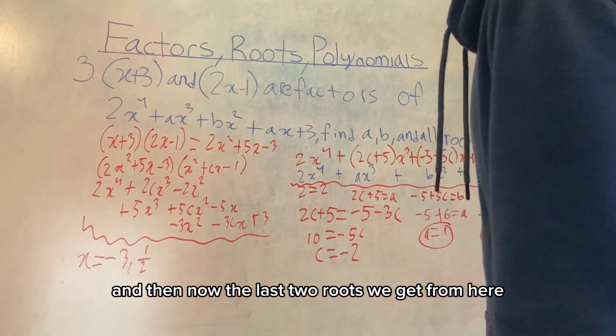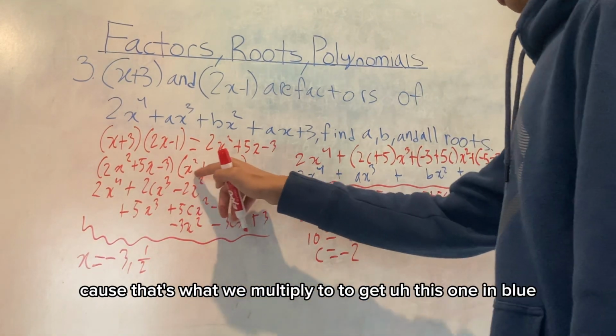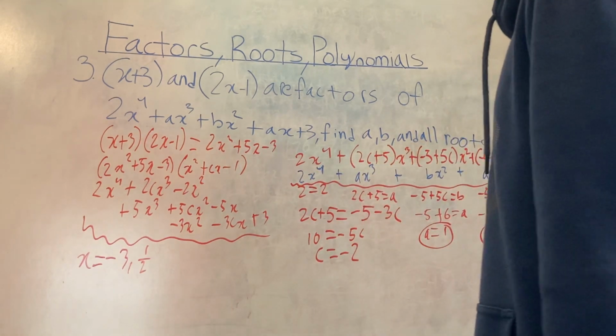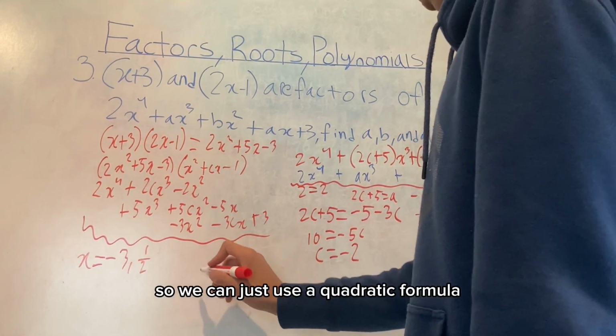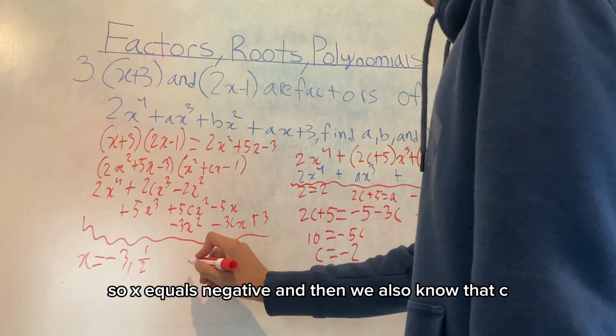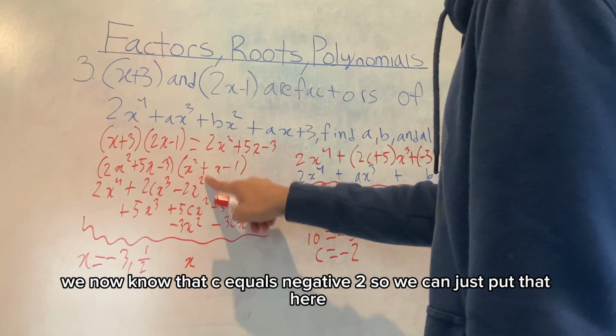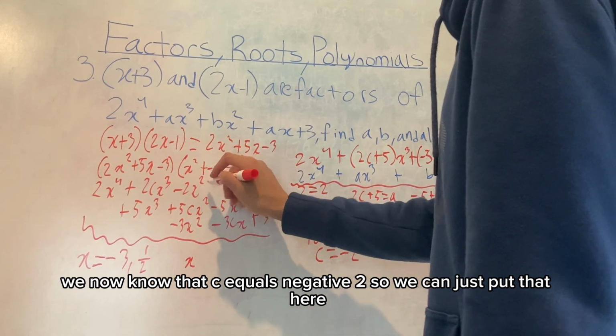And then the last two roots we get from here, because that's what we multiplied to get this one in blue. So we can just use the quadratic formula. So x equals negative, and we now know that c equals negative 2, so we can put that here.